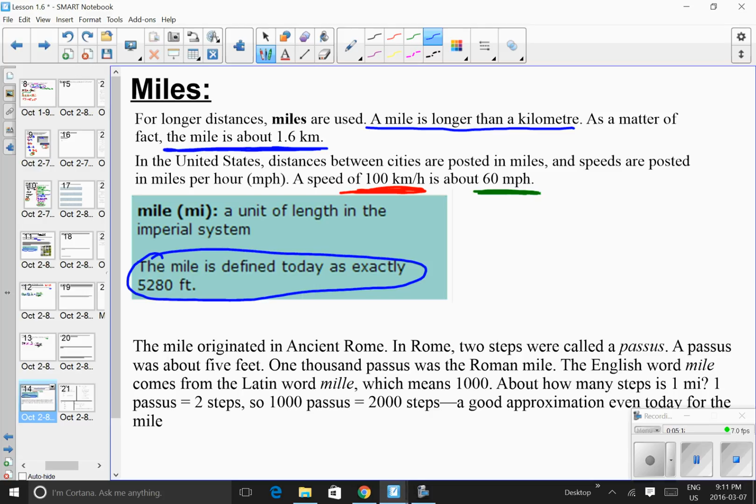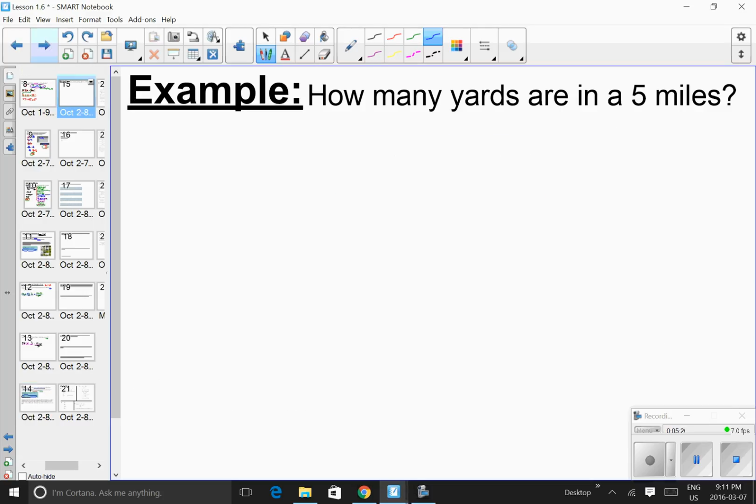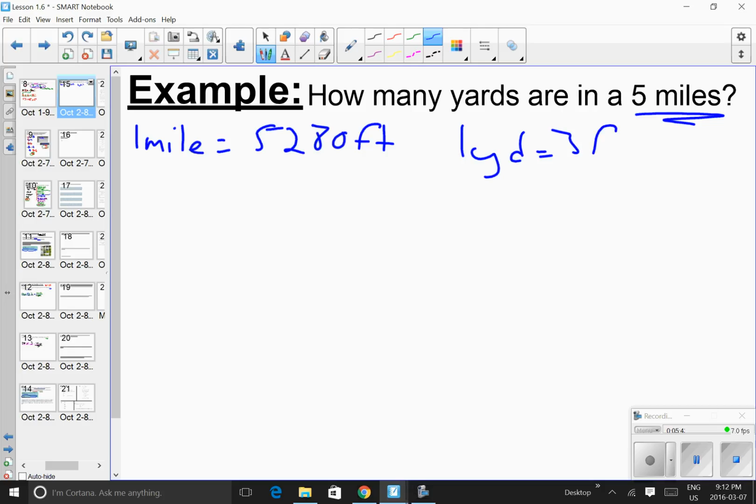All right, let's do some math. So, first example, I think it's my only example, is how many yards are in 5 miles? So we said 1 mile was 5,280 feet. And we also said that 1 yard was 3 feet.